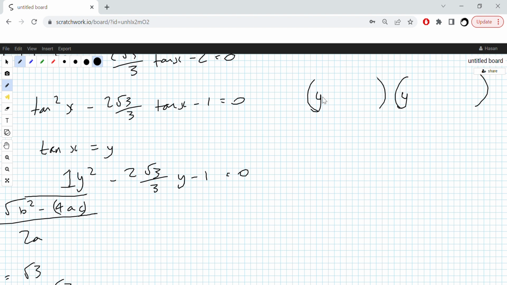We need to have only y and y, no other numbers. And now to get minus 1, we should realize that we need two numbers over here, which would multiply to give minus 1.